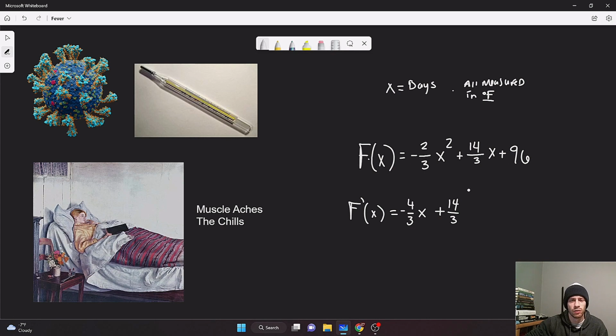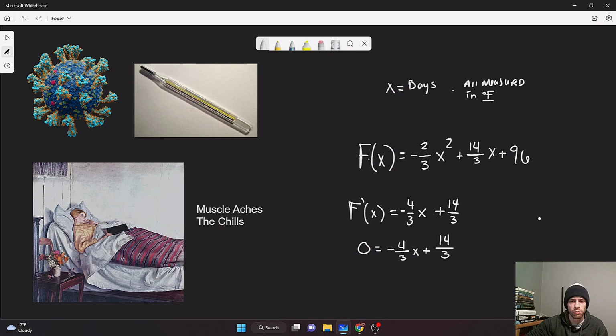That's the rate of change, and by setting our new equation to 0, so 0 equals negative 4 over 3 x plus 14 over 3, we can determine where the slope is 0.